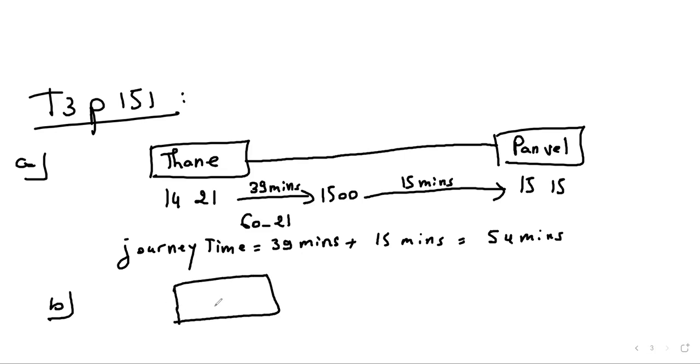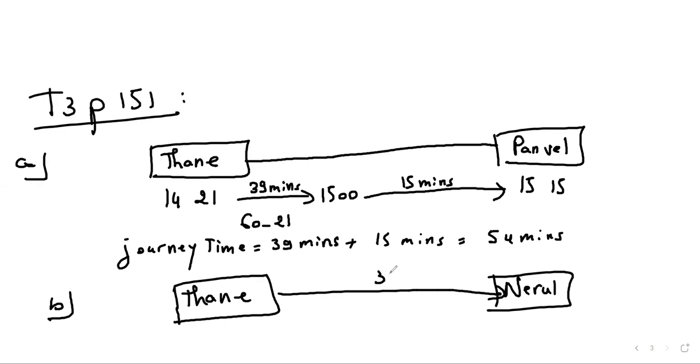So this is the departure, and this is the arrival. It takes 32 minutes to arrive there, the departure time is 17:48, and the arrival time is what we are looking for.